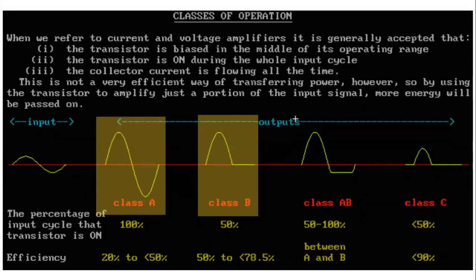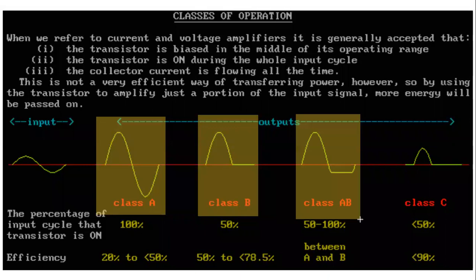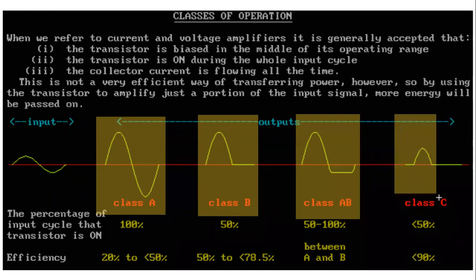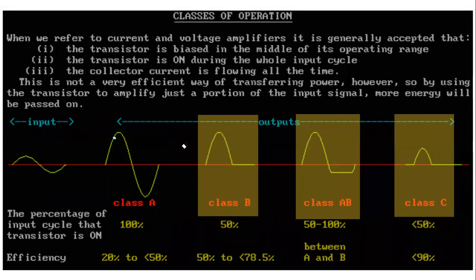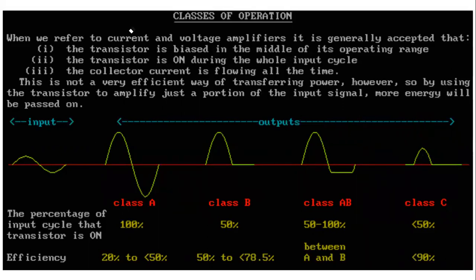If you feed your input signal something like this amount, then we call them class AB amplifiers. If you apply your input signal as a small part of the signal, then we call that class C operation. Something like that, we are configuring amplifiers as class A, class B, class AB, class C, class D, based on this input signal.